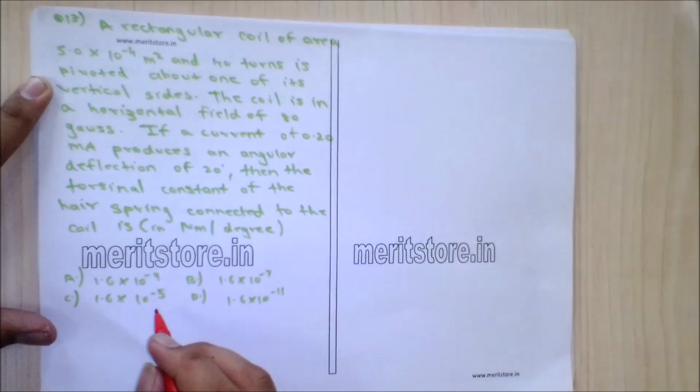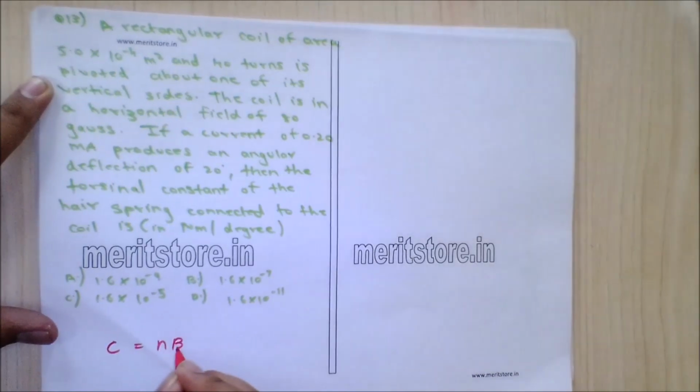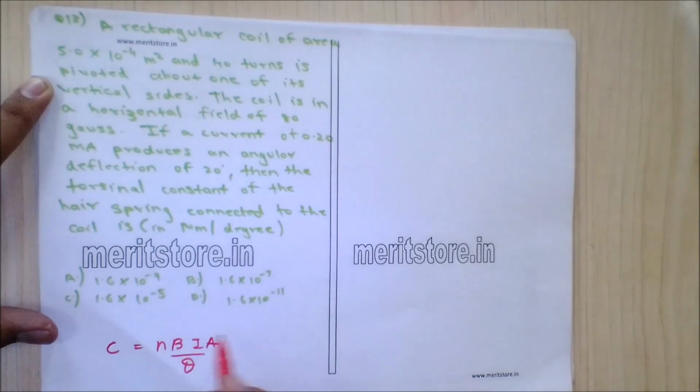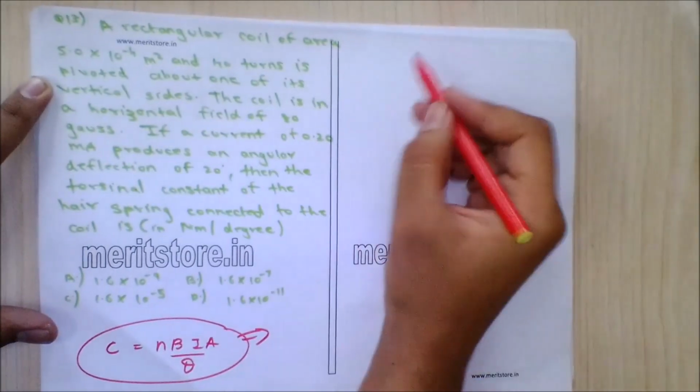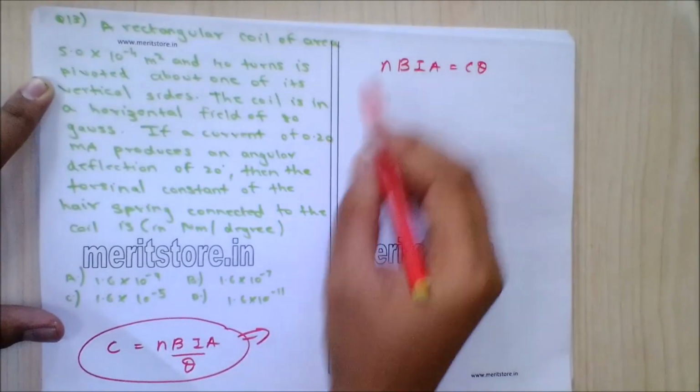To find the constant, we know the formula for the constant is C is equal to N B I A upon theta, which comes from the formula N B I A is equal to C theta.